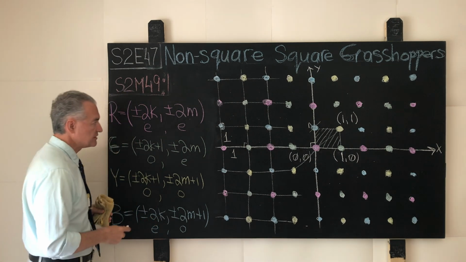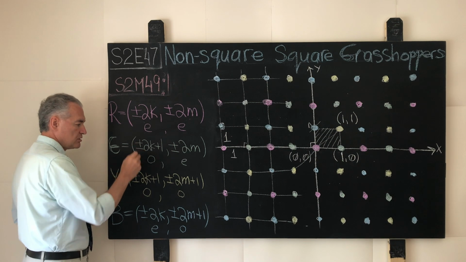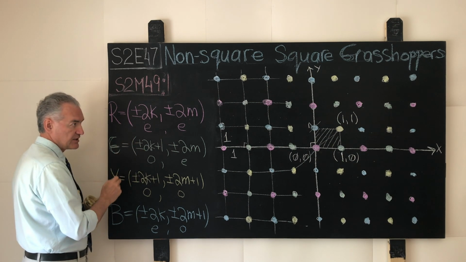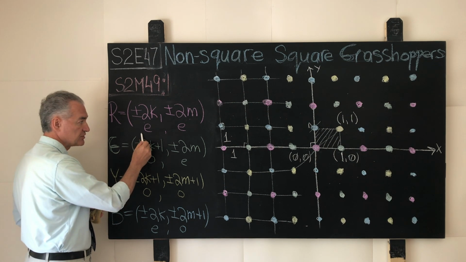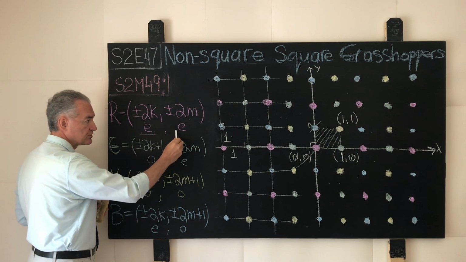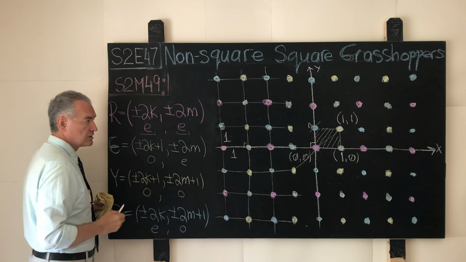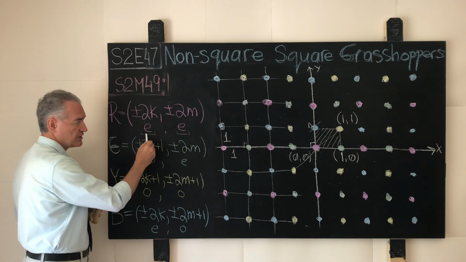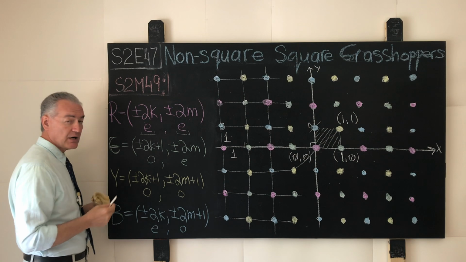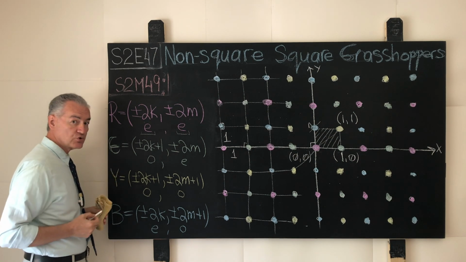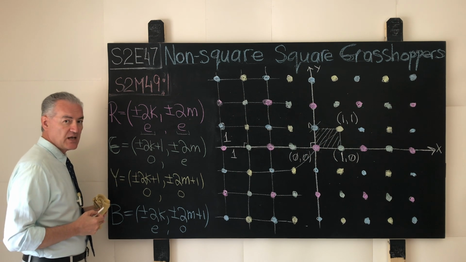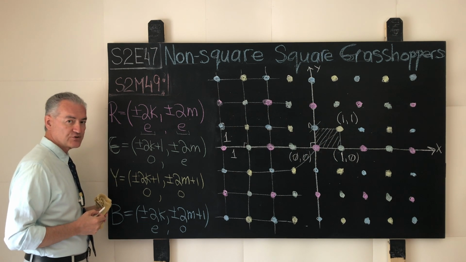That basically means that whenever our red, green, and let's say yellow grasshoppers jump, they can only find themselves at the points whose coordinates have the parity structure shown over here. But each and every 2 by 2 square on our lattice has the vertices of which color?